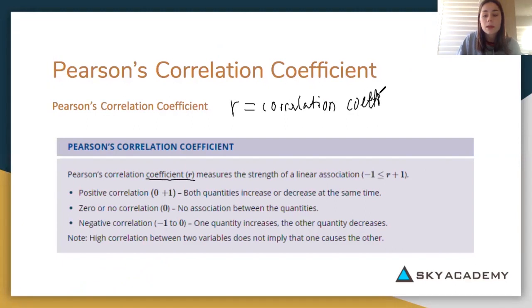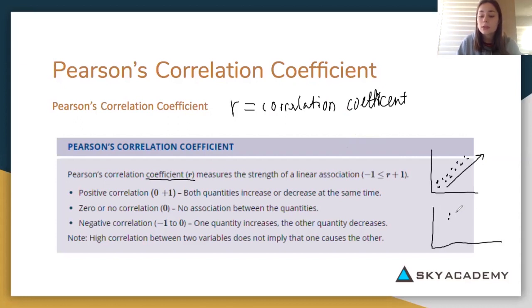Now R can have different values. It can have positive values, it can have no values, or it can have a negative value. A positive value, if you remember, is when our linear association is traveling in this direction, and our negative is when our linear association is traveling in the opposite direction.